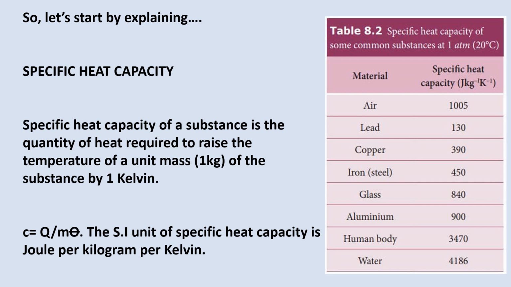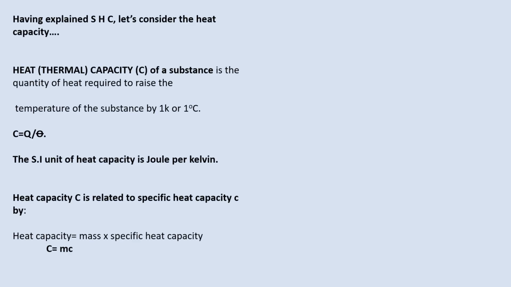If you look at this chart, you will discover that different materials have different specific heat. Now, having explained specific heat capacity, let's consider the concept heat capacity. Heat capacity is also known as thermal capacity.